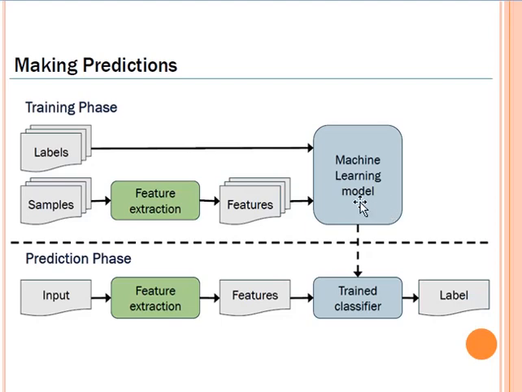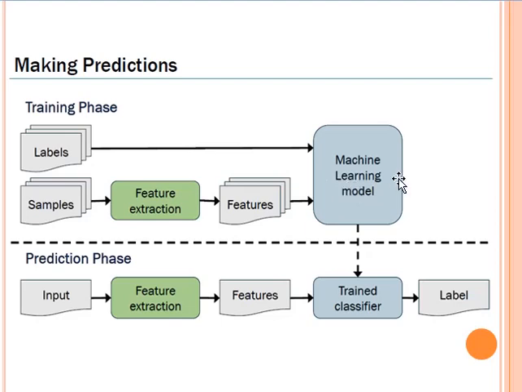Let's suppose for example we have a neural network here. My neural network will be trained on those features which are extracted from my training samples, right? This will be provided to the machine learning model in an iterative way.